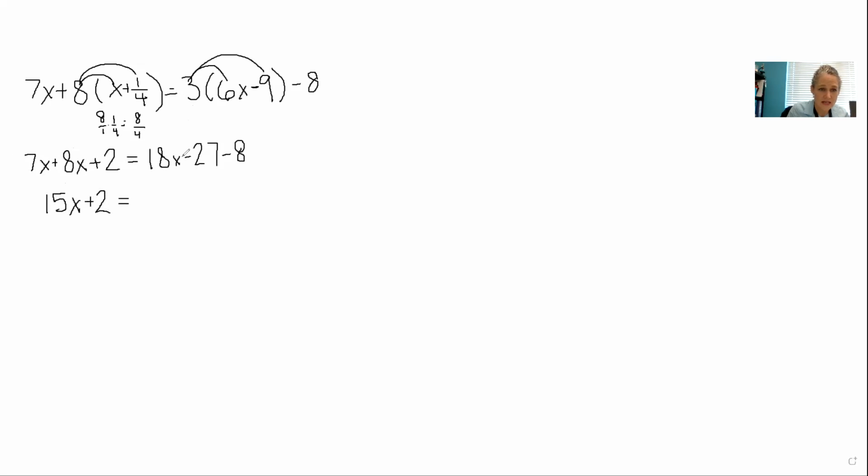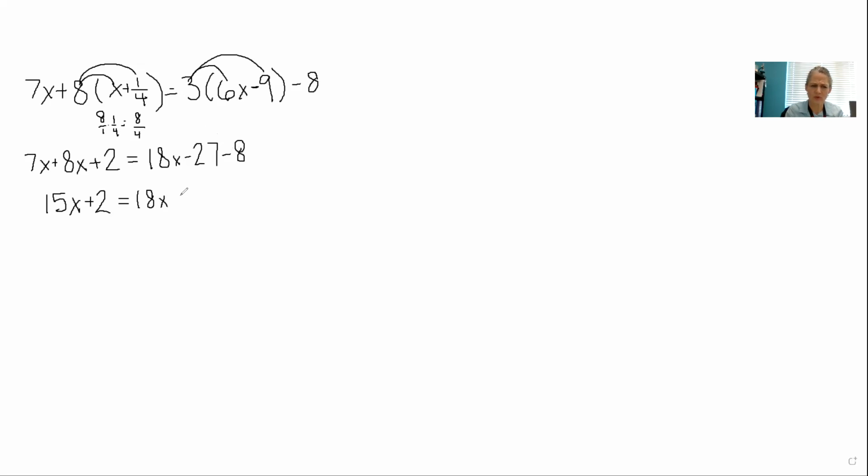So over here I have 18x, and I have negative 27, and I have negative 8. The 18x does not look like it has any friends over here, so we're just going to bring the 18x on down without combining it with anything. And then I have negative 27 minus 8. It's like I'm 27 below 0, and it gets 8 degrees colder, and holy crap, it's cold.